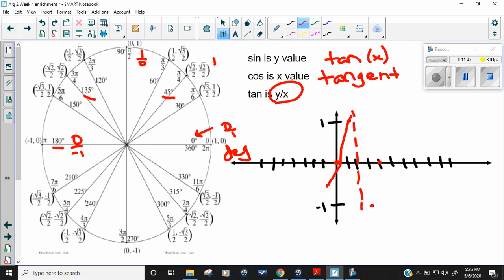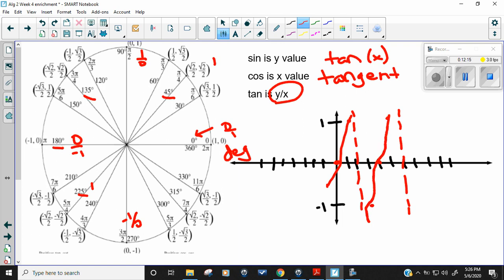At 225, y over x, those are the same things, so it's 1. So then it jumps up to 1. At 270, it's y over x. So again, at 270, it doesn't exist because I cannot divide negative 1 by 0. So it keeps on going that way, really close to that, goes up this way.